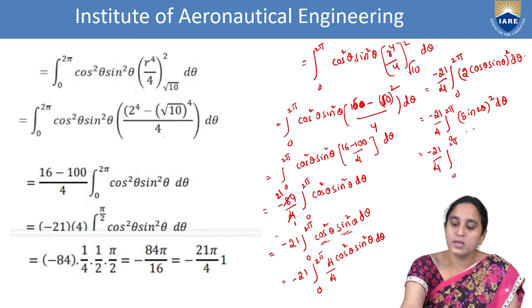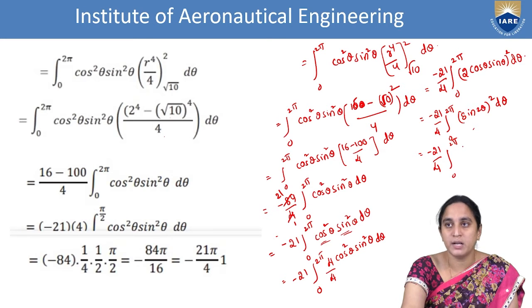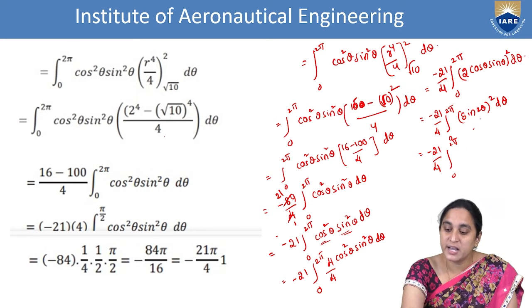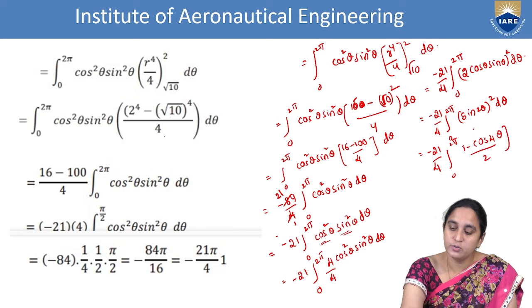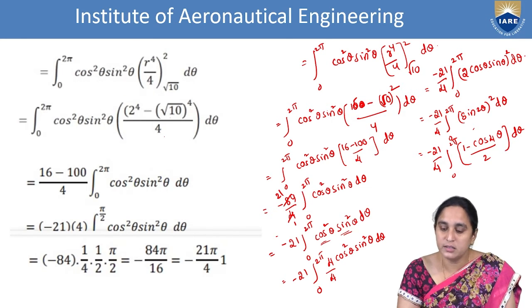The sin square theta formula is 1 minus cos 2 theta by 2. But here for sin 2 theta whole square, I apply 1 minus cos 4 theta by 2, into d theta.